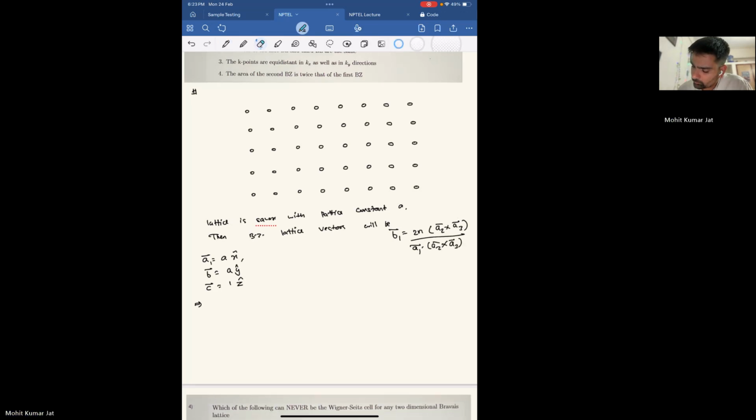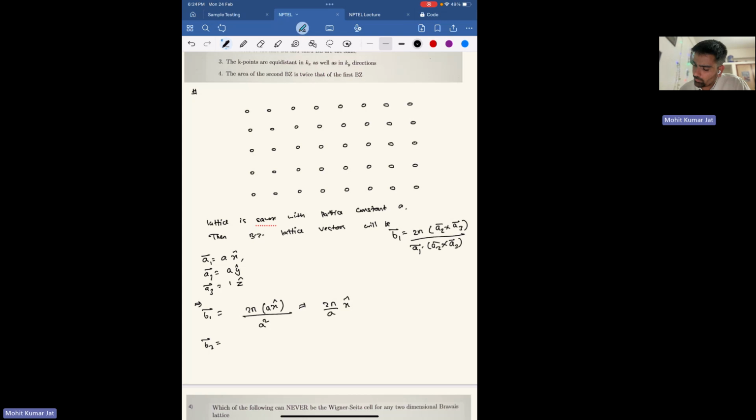So b1 will be 2 pi, a2 cross a3 will be y cap cross z cap, which is x cap, and a1 dot this will be a x cap, and then this will be a square. This implies 2 pi by a x cap.